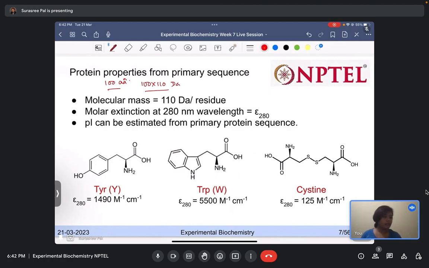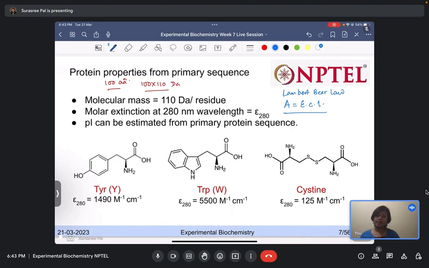In our initial sessions we had discussed this Lambert-Beer's law, which is absorbance equals epsilon, which is the molar extinction coefficient, into concentration into path length of the cuvette.